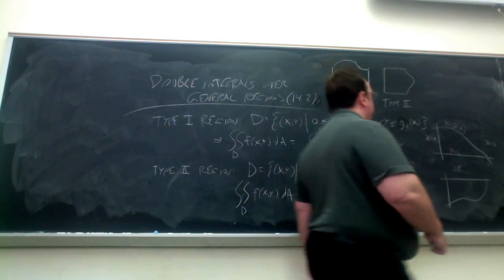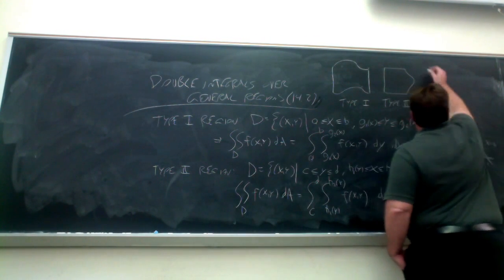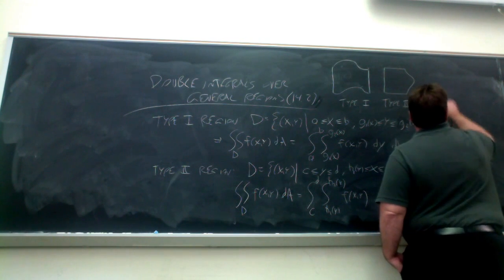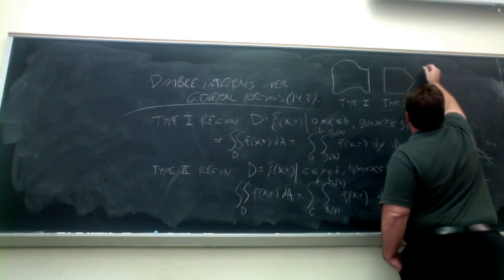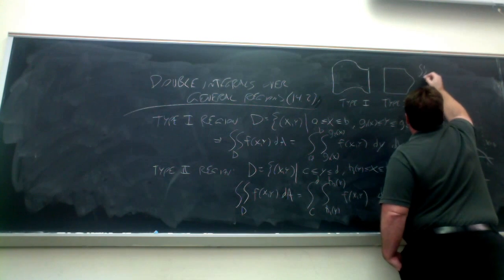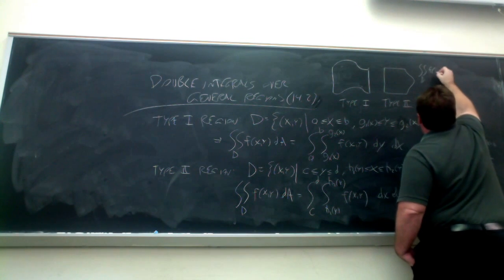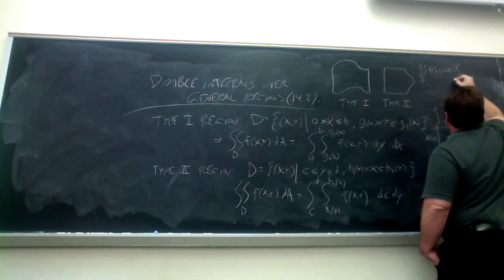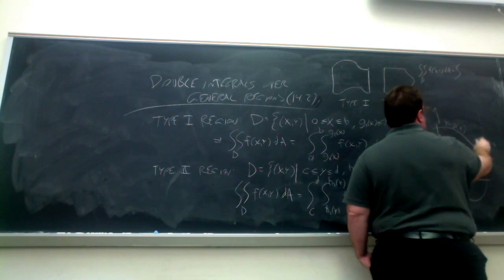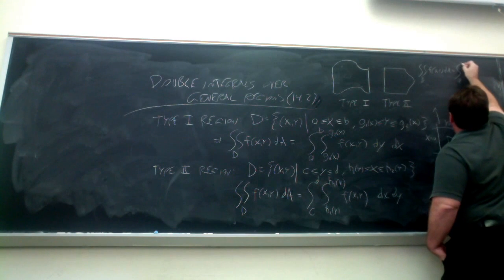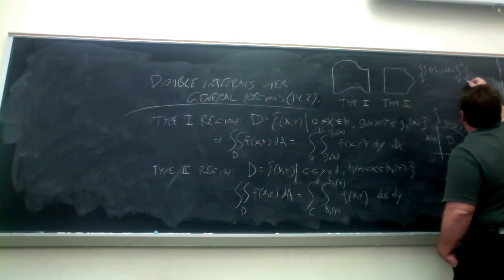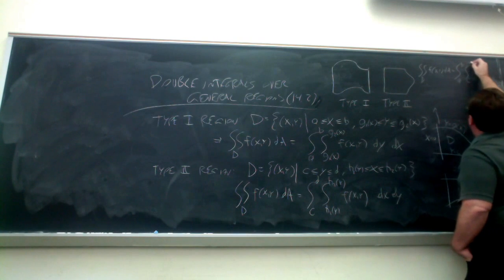So this is my D. For this example, the integral over D of whatever function f you have can be written as the integral from a to b. Here I'm giving it type 1 treatment, so your lower boundary is y equals c, and the upper is y equals g of x.